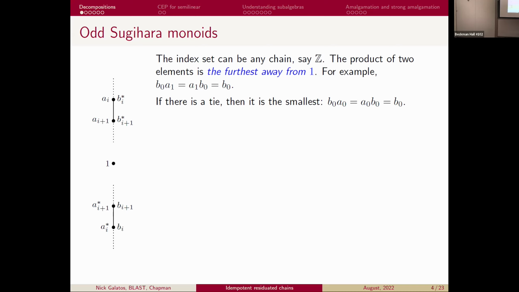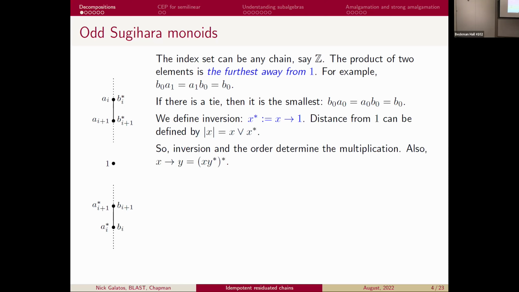It's known as an odd Sugihara monoid, an odd Sugihara chain. And you'll see these star elements here. These are the result of applying the star to the b's, or to the a's, and they take it to the other side. The term x star is just x to the r1, so this is just the inverse of an element. And as I think we saw, Sarah defined the absolute value in the l-group.